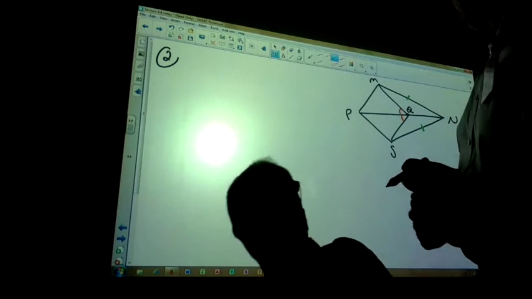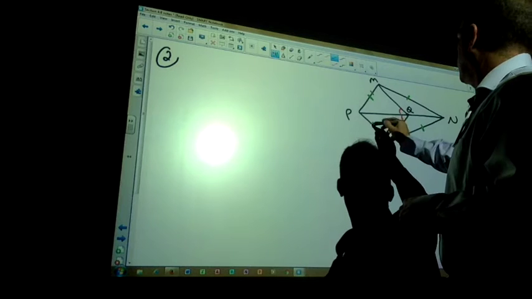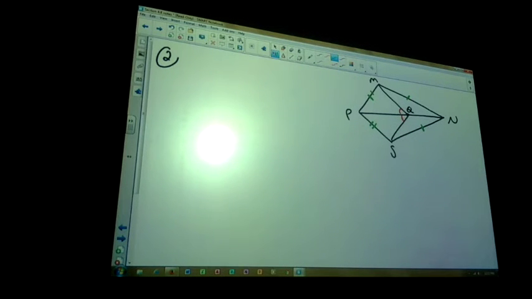And I know MP is congruent to this. So we have an angle on an opposite side on one of them. What do you think? We're trying to get it to the red as congruent. So things that I might know.